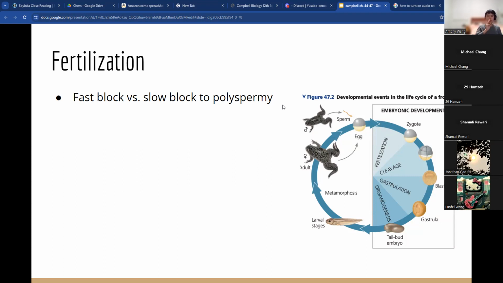So it has three copies of DNA. It's triploid now. If that happened, that egg would most likely fail. It would not be able to develop into a full organism. And so animals develop these blocks to polyspermy.